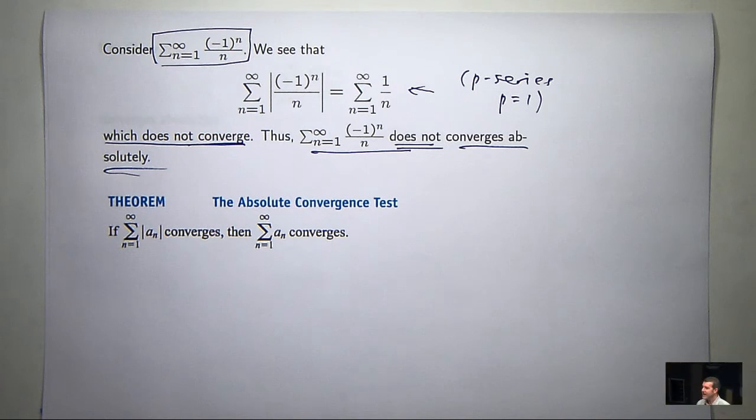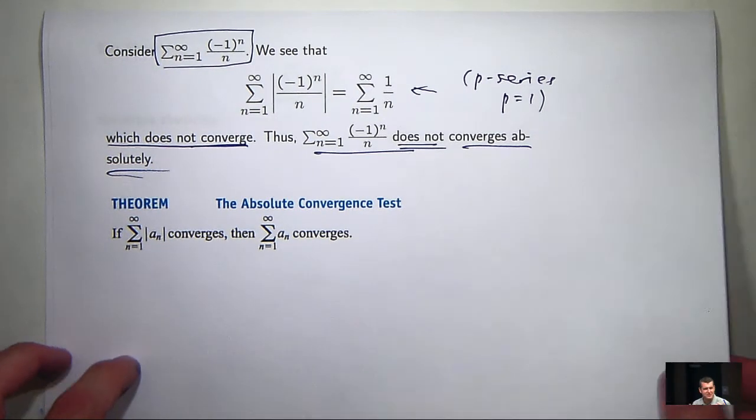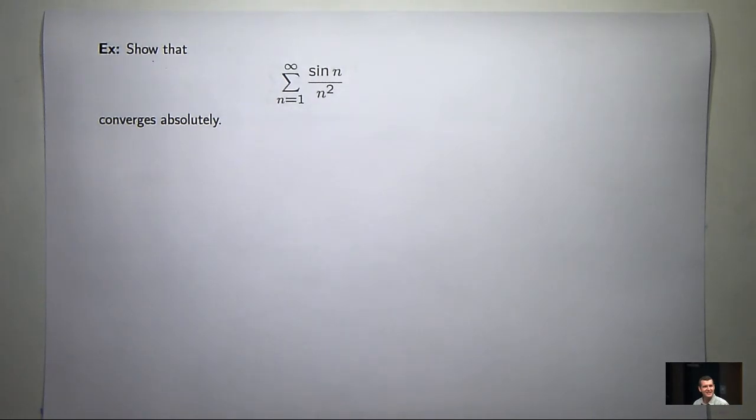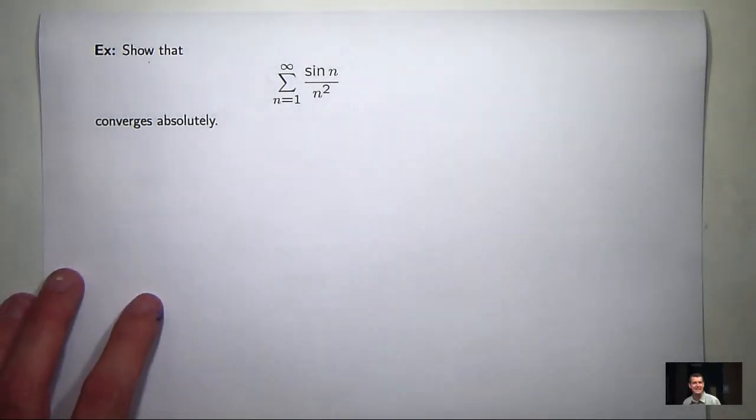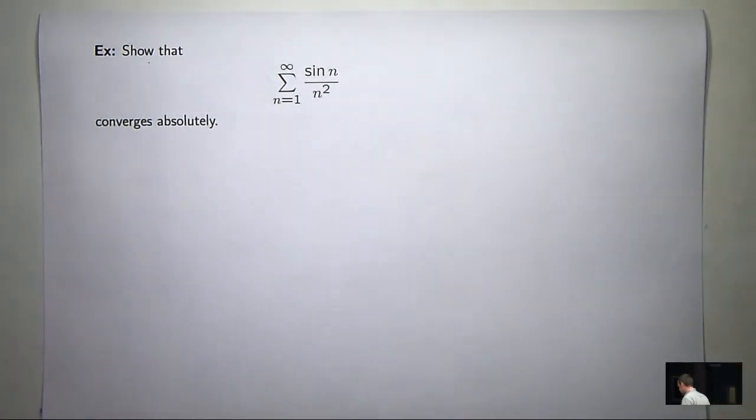If that new series converges, then the original series has also got to converge. Now the proof for that's a bit tricky. I'll come back to that in a second. Let me show you how to apply this result first. All right, I'll come back to the proof if we have time for that.